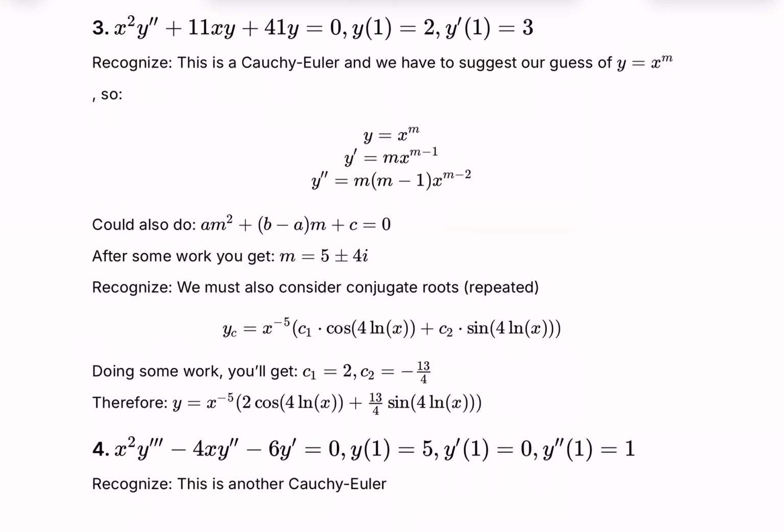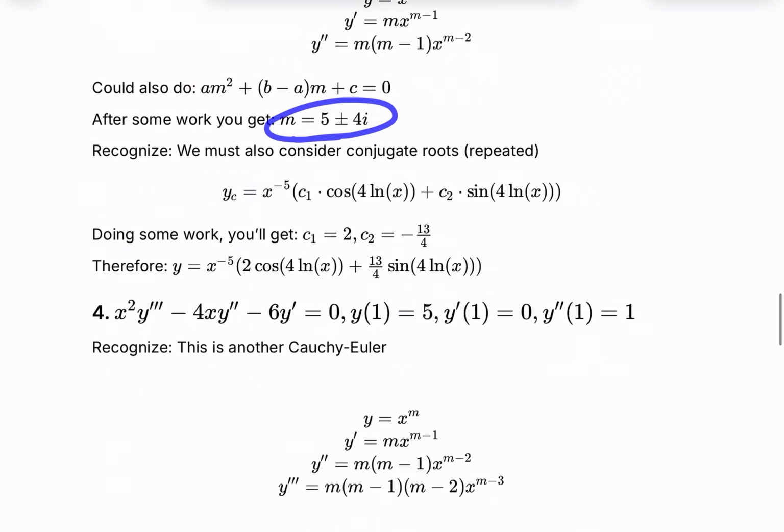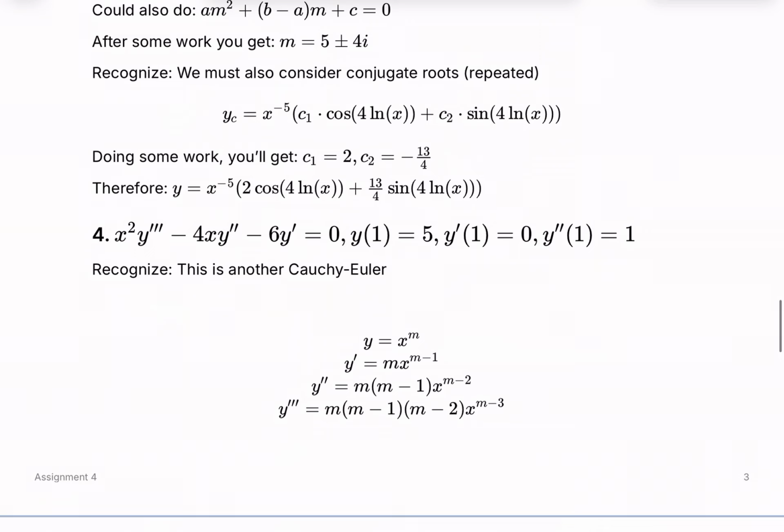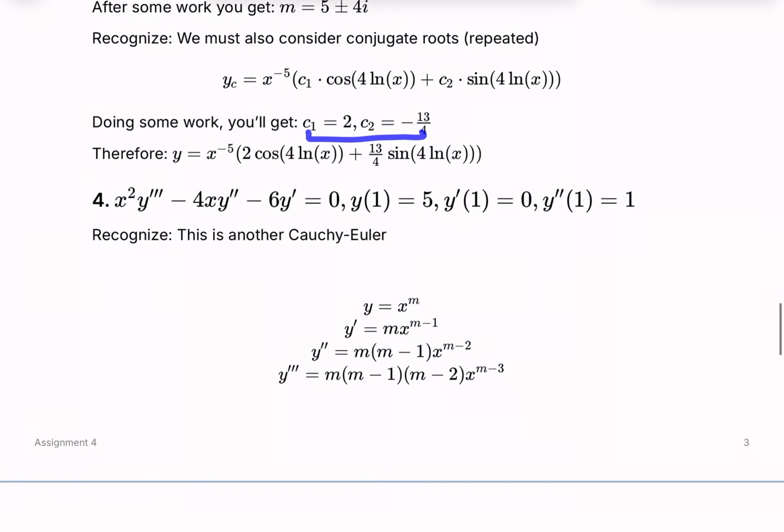In this case, it was 1, and then you have 11 minus 1, so then we had 10m, and then we had 41. We isolated for m, we solved for our roots, and we got this. So we plug it into our following equation for the Cauchy-Euler type problem, and then you isolate for C1 and C2.